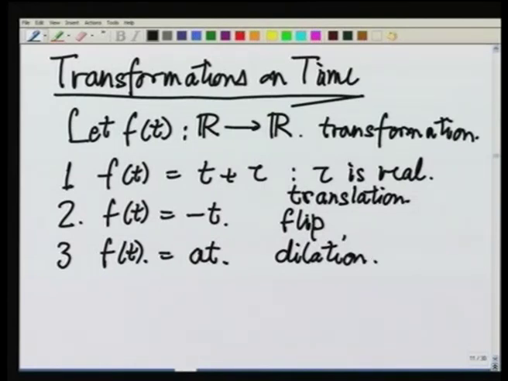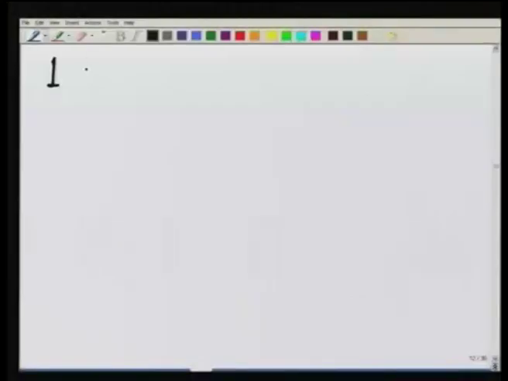For convenience, we will assume for dilation that a is greater than 0. Now, our interest is in seeing what happens to any function x of t defined on time when the time axis is transformed by one of these three kinds of transformations. So, let us look at these cases one by one. The first is translation.